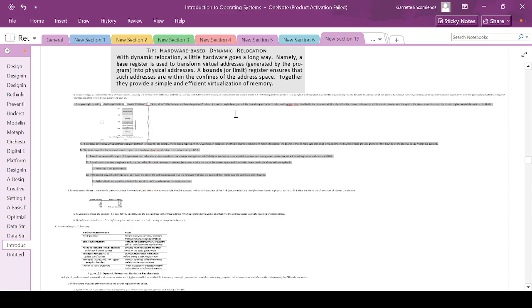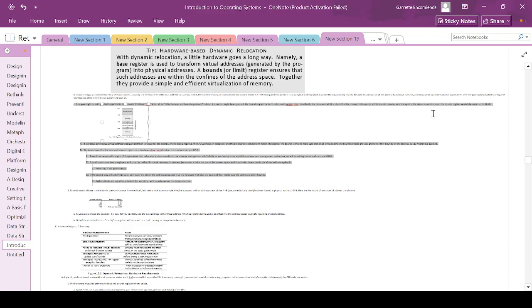Indeed, as you might have guessed, the bounds register is there to help with protection. Specifically, the processor will check that the memory reference is within the bounds to make sure it is legal. So the use case for that is to make sure that we're not accessing over what is allowed on the memory.